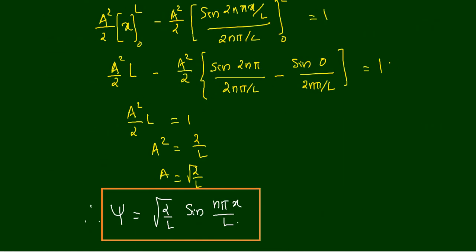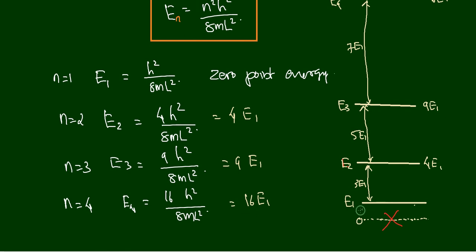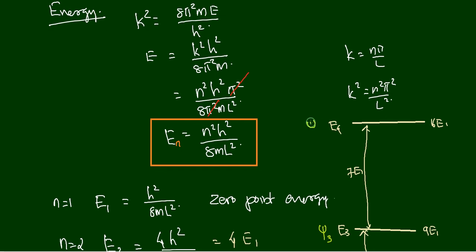So psi 1 corresponds to the energy E1, and the next state is E2, which corresponds to the wave function psi 2. E3 corresponds to the wave function psi 3, and E4 corresponds to the wave function psi 4.